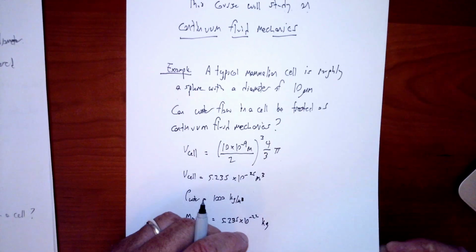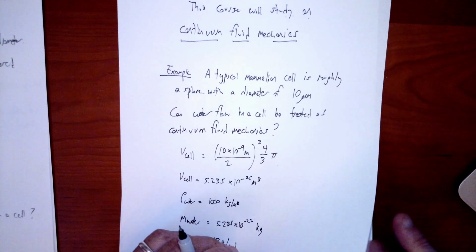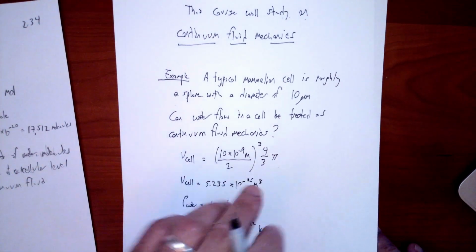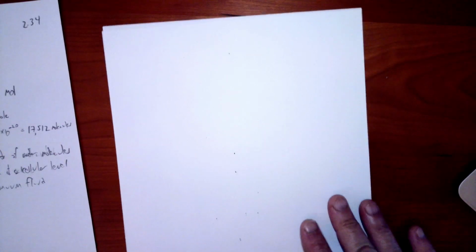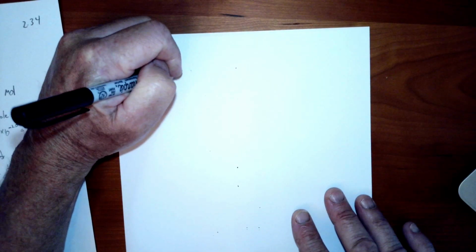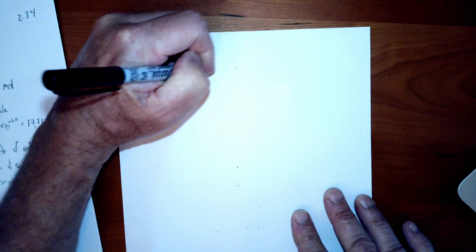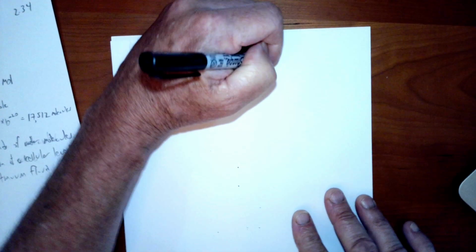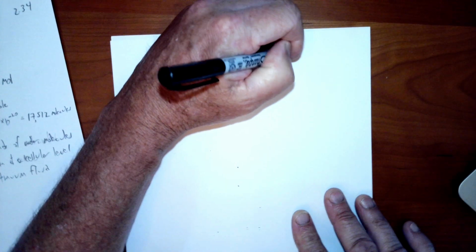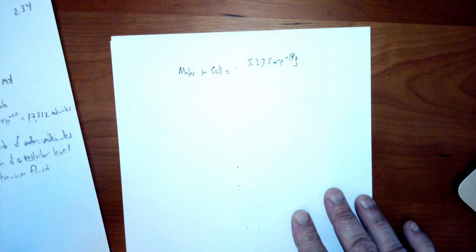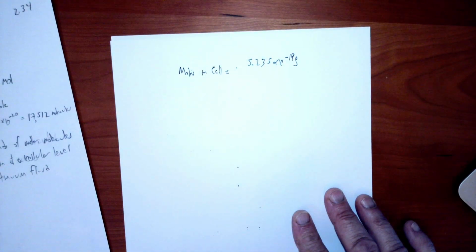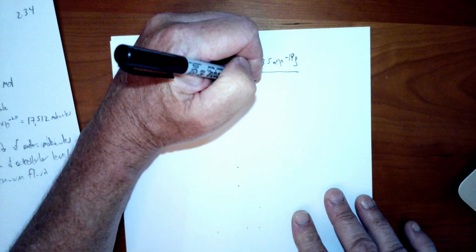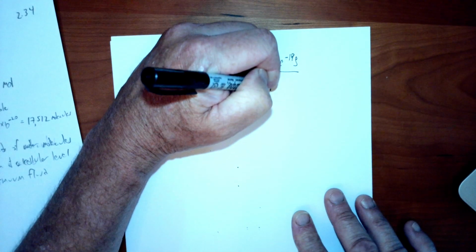And so then I'm going to be able to calculate how many molecules are actually in that cell. The moles in the cell is 5.235 times 10 to the minus 19 grams, having converted the kilograms to grams, divided by 18 grams per mole.